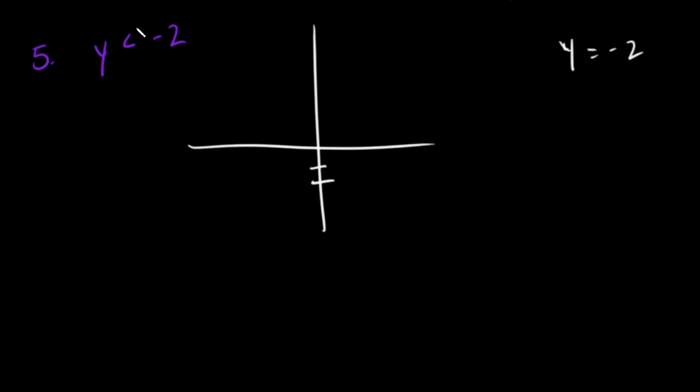Every value on the line has a y value of negative 2, so it has to be horizontal. And you will do a dashed line because it's not equal to, and you will shade the y values that are less than negative 2, which happen to be negative 3 and negative 4 and negative 5 and so on. So you will shade this way.